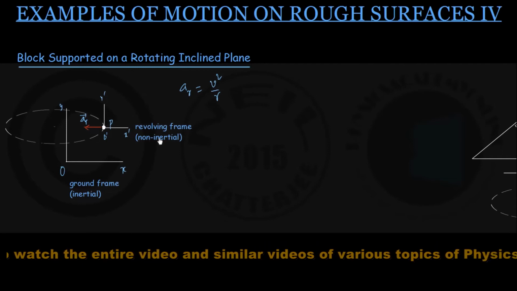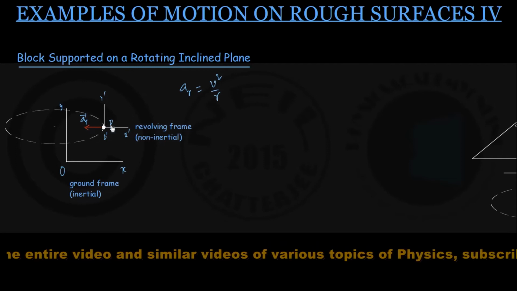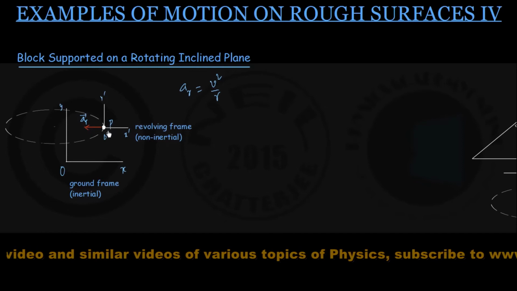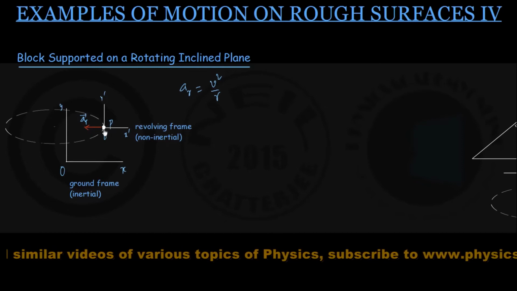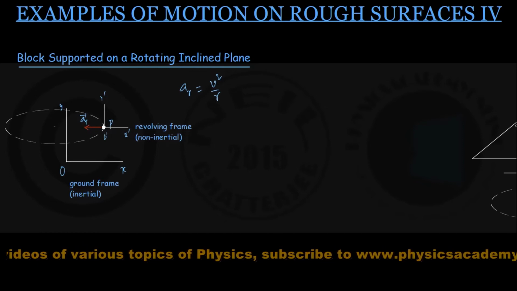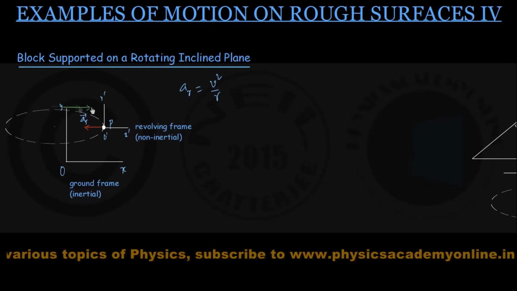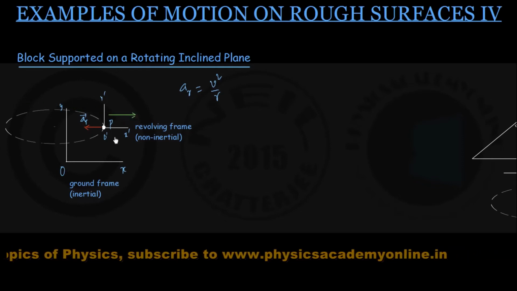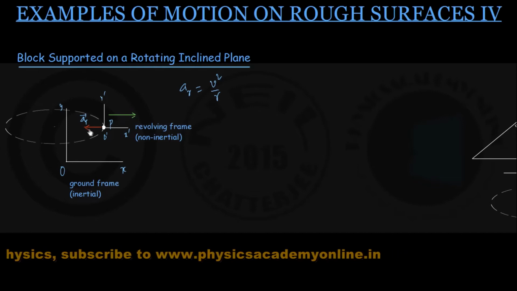And in this non-inertial frame, if we want to investigate the particle P's motion, we have to consider not only the real forces, but also a pseudo force acting on the particle that's acting opposite in direction to the acceleration of the frame.